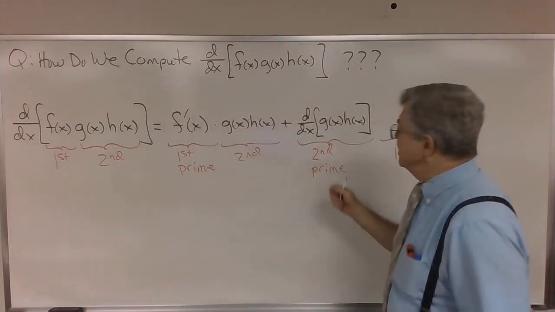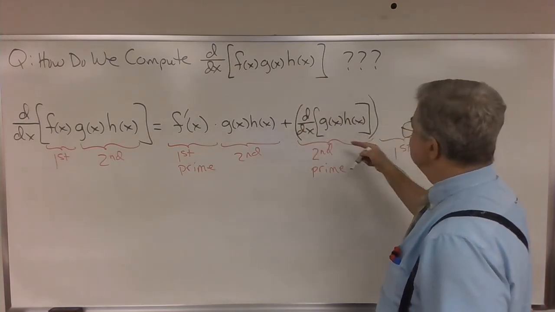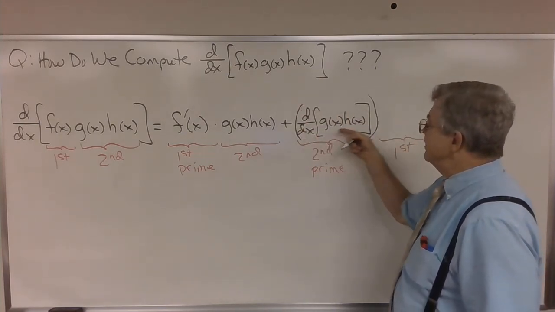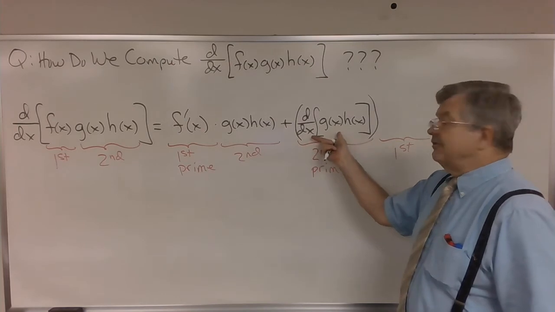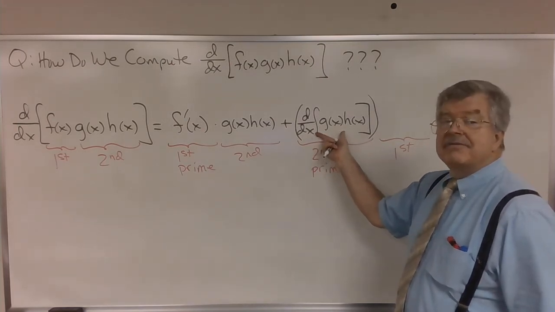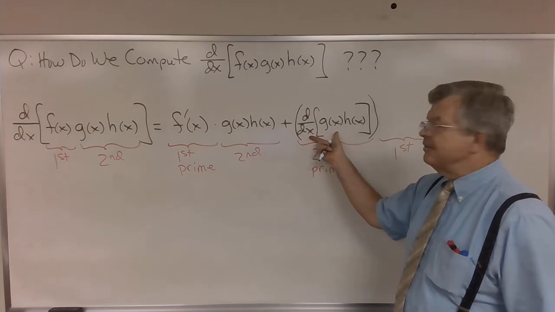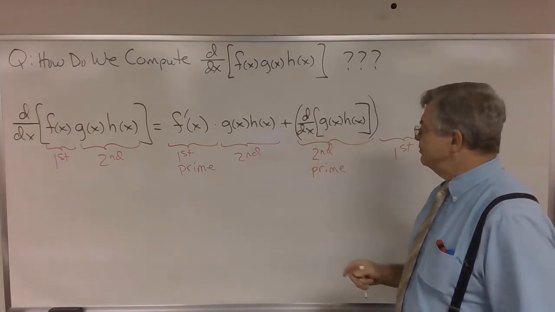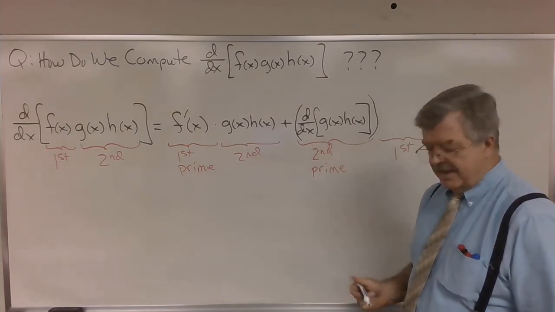Now note, this expression, when we see it, we regard this entire expression as being the derivative of g of x times h of x. We haven't actually written out what that derivative is yet, but we do consider this expression to be the derivative of g of x times h of x. So technically this is second prime.